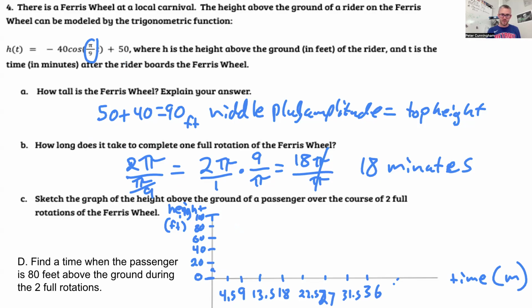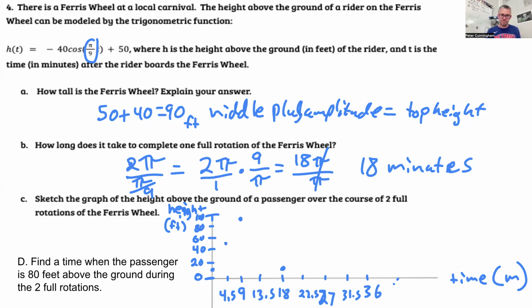Okay. And after 18 minutes, it will be back to the bottom. Now, why did I fast forward all the way to the end? For me, that just makes this a little easier because if I go from the beginning all the way to the end, now all I have to do is cut that in half, and that's when I'm going to go from the bottom to the top, which is 90 feet. So at 4.5, again, I'm just cutting these halves in half, I'm going to be up at the middle, which is 50.